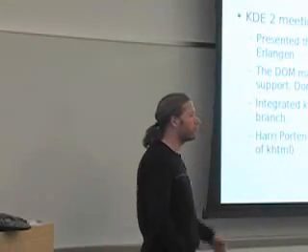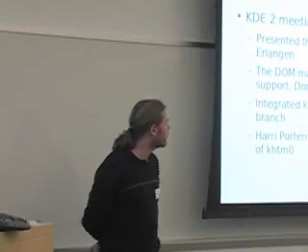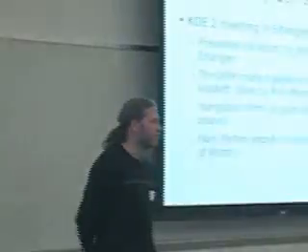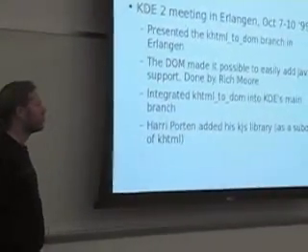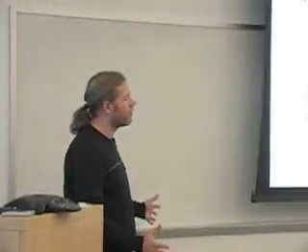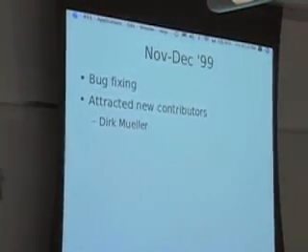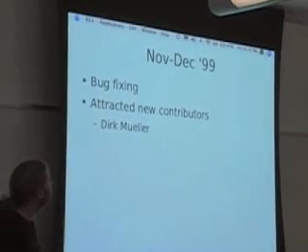And after 1 or 2 days, we could show the first simple JavaScripts running inside the browser, doing some simple manipulation, simple changes to the DOM. That was very, very encouraging, and we moved all of the stuff over to the main development branch of KDE. So that was when I'd say the modern KHTML really came into existence.